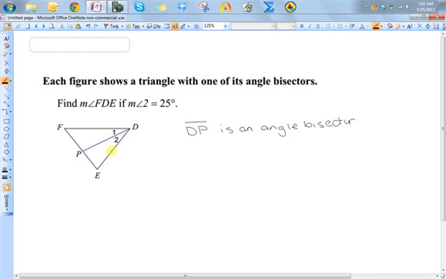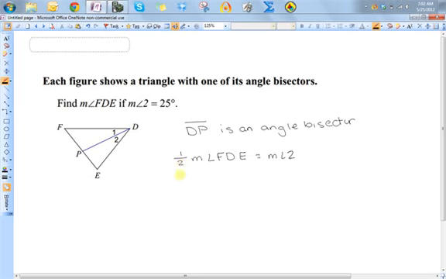Okay, so if I want to find the measure of angle FDE, I know that 1/2 the measure of angle FDE is equal to the measure of angle 2, because I know that angle 2 is half of that.